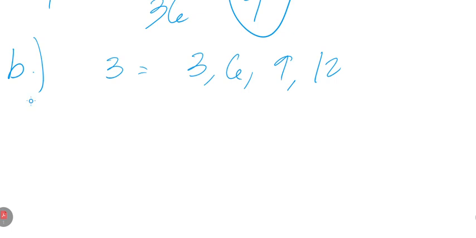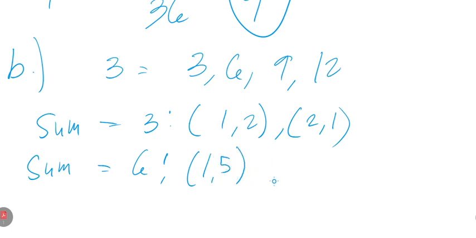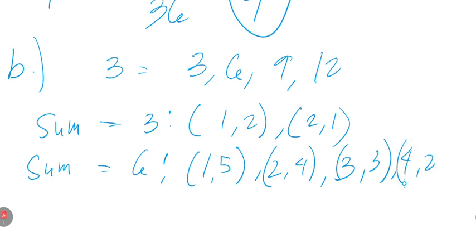Now let's write out the sums. For the sum of 3, we have 1 and 2, and 2 and 1. Next, the sum of 6: there is 1 and 5, 2 and 4, 3 and 3, 4 and 2, and 5 and 1.